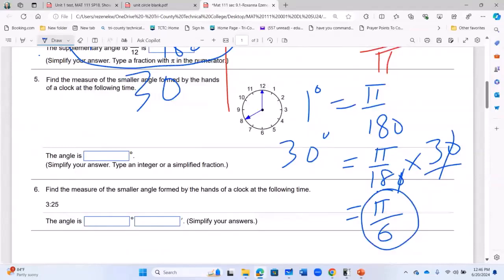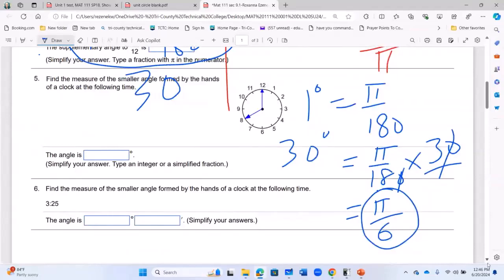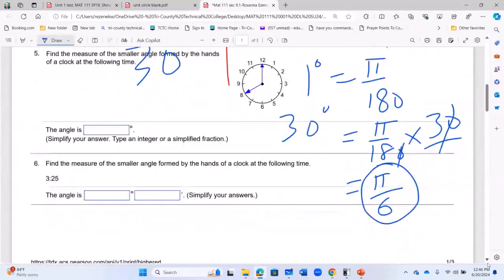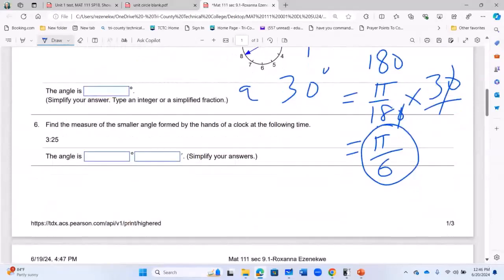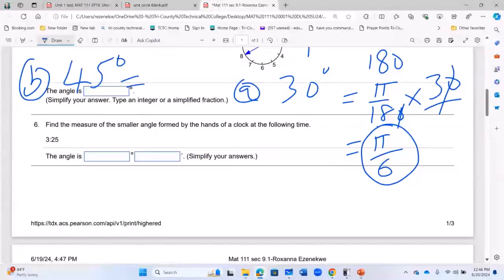Suppose I'm told to convert 45 degrees to radian. So instead of wasting time, I'm just going to say 45 multiplied by pi over 180.